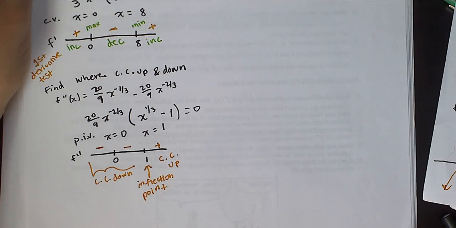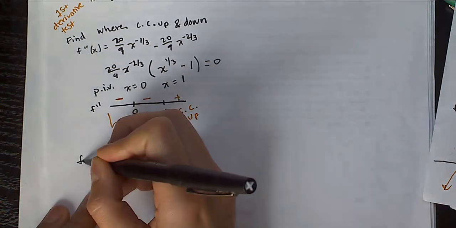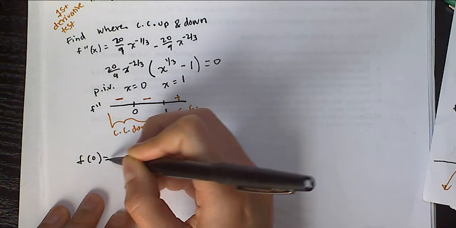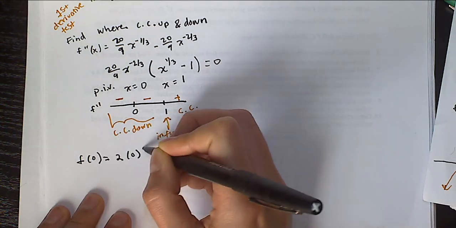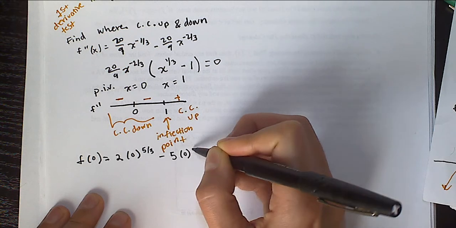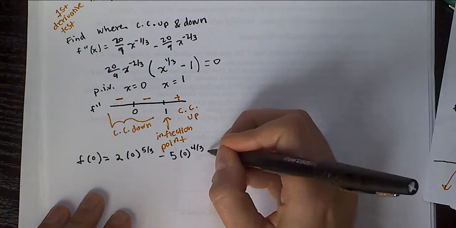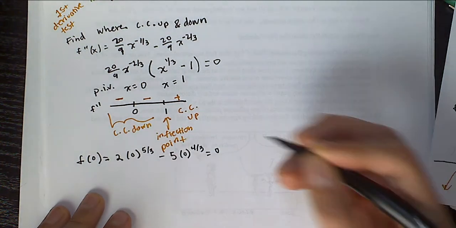Assume that f of 0 equals 0. At the point on here, we can actually find the starting point. So I can plug 0 into the original equation I was given to find the starting point, and I end up getting 0. So I do have the point (0, 0) on this graph.